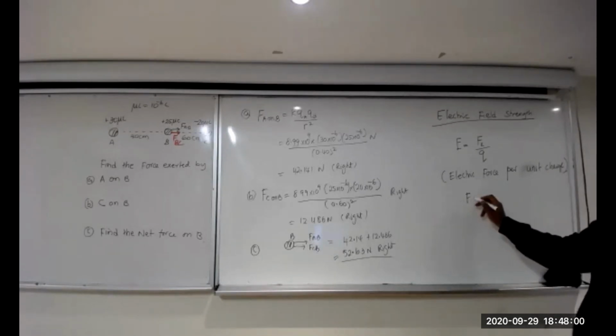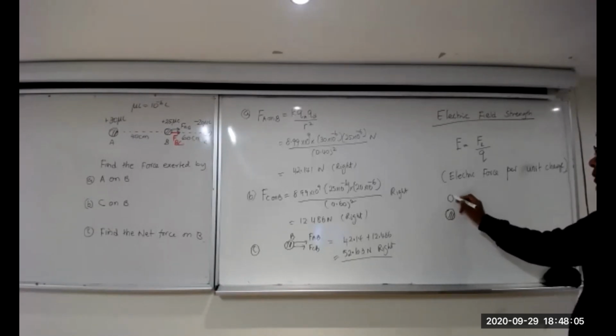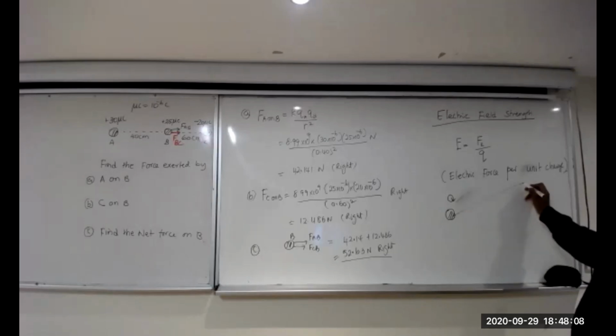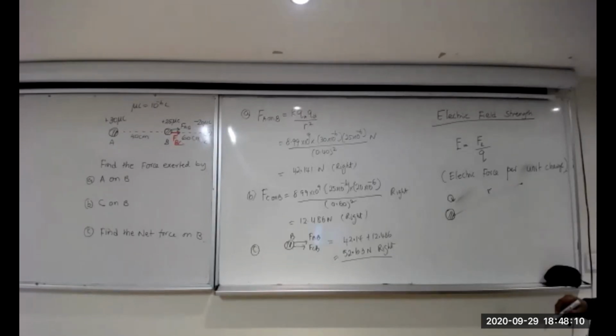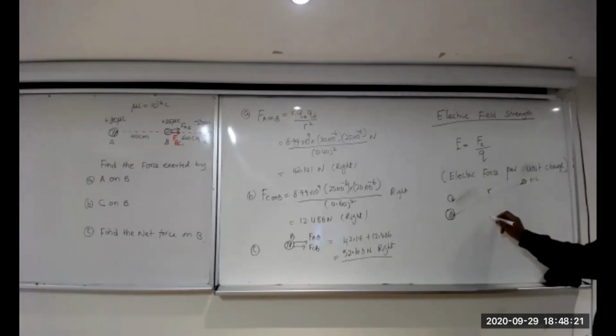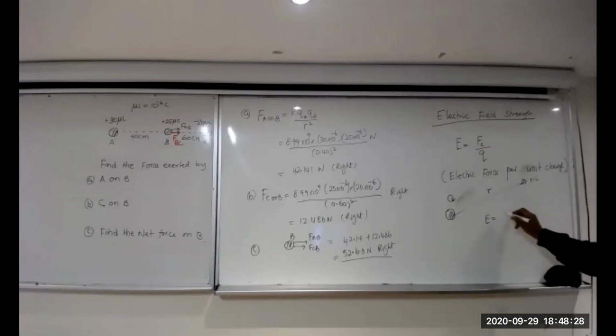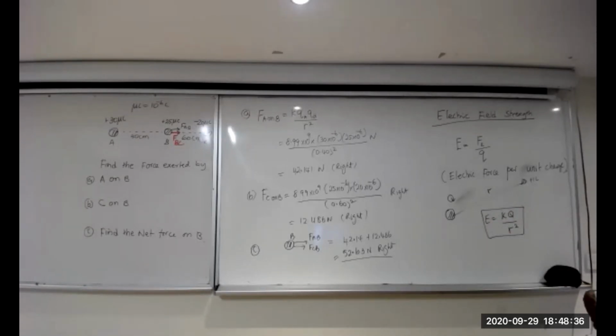So we have a large charge, capital Q, and we're looking for the field strength at a distance R. This is where your 1 coulomb positive charge is placed. Using k Q1 Q2 over R squared, one of the Q's cancels. You get kQ over R squared. It follows the inverse square law as well.